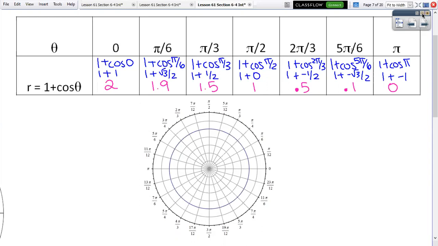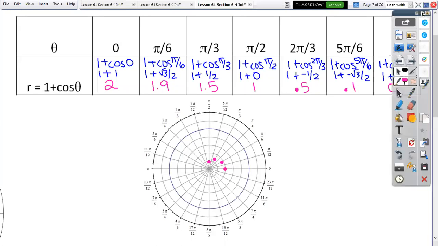So we go angle of 0 and we're out 2. Pi over 6, we have 1.9. Pi over 3, we're at 1.5. Pi over 2, we're at 1. 2 pi over 3, we're at 0.5.